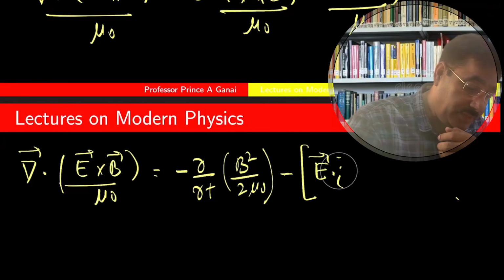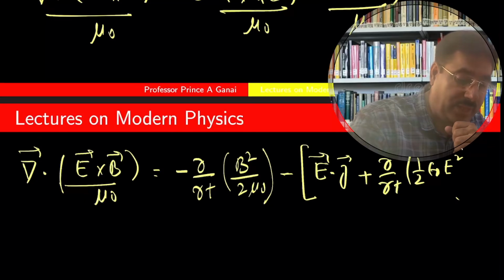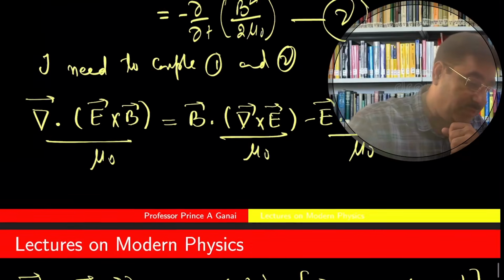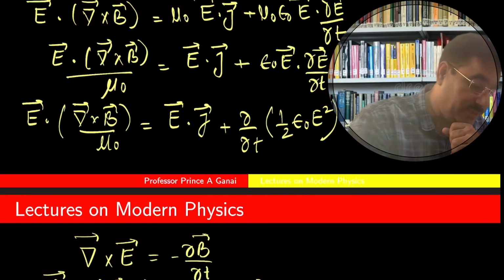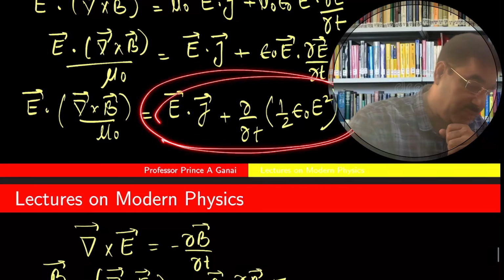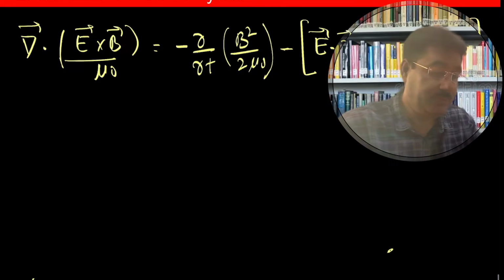Do you remember? It was E dot J, and there was this plus del by del T of 1 by 2 epsilon naught E square. I think these were the two terms. Let us go back. Yeah, these were the two terms. You can see these two terms. Right, so good. So we are here now. Beautiful, we are here.